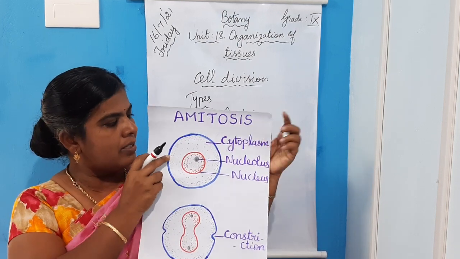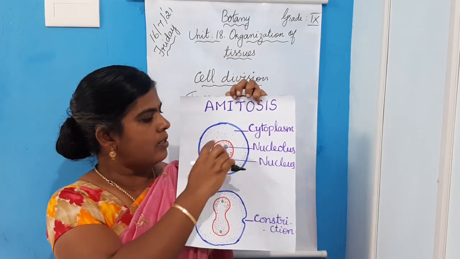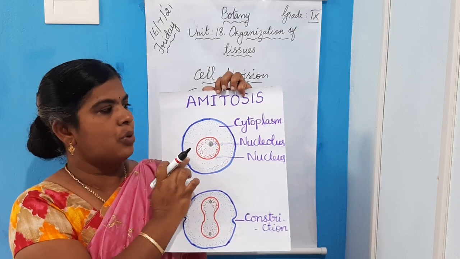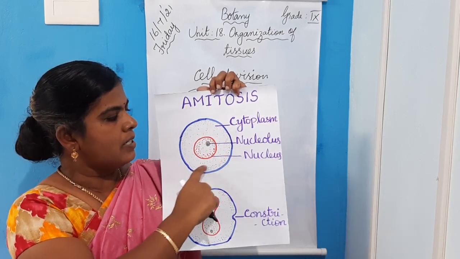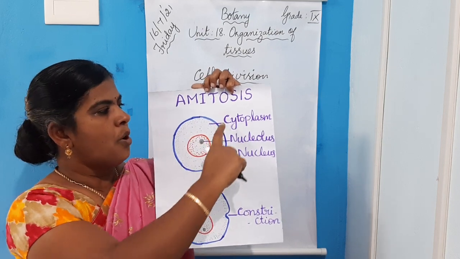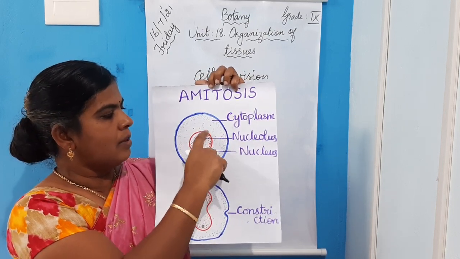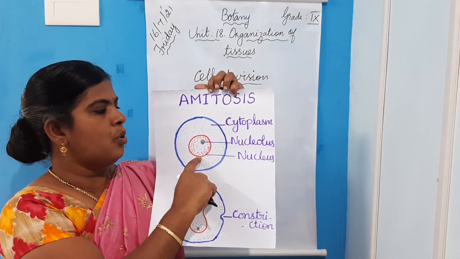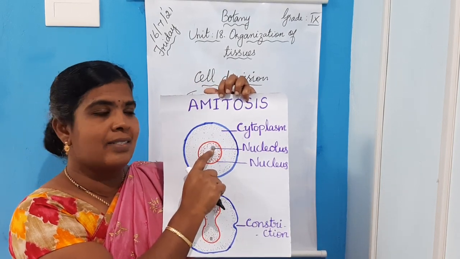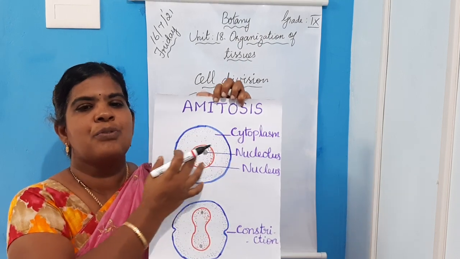In this type of cell division, the nucleus... What is the nucleus? In the center of the cell, there will be the nucleus. The colloidal substance found inside the cell is called cytoplasm. So in the midst of the cell, there will be a nucleus. Inside the nucleus, the nucleolus will be there, isn't it? So this is the structure of a cell.